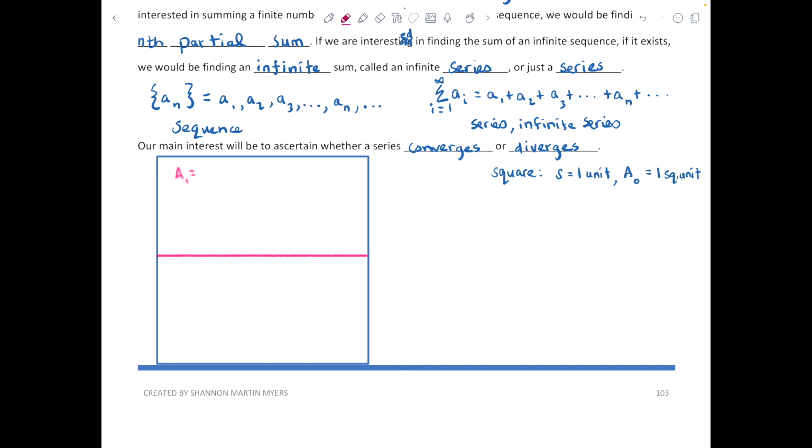If we divide it exactly in half, this length here would be 1/2 of 1, right? So our very first area will be 1/2 to the 1. So the a sub 0 area would be 1/2 to the 0.